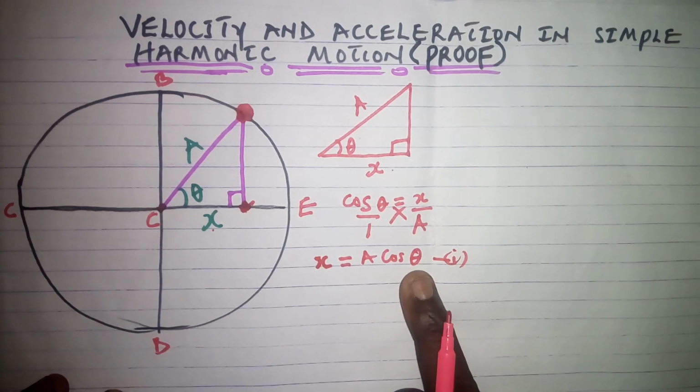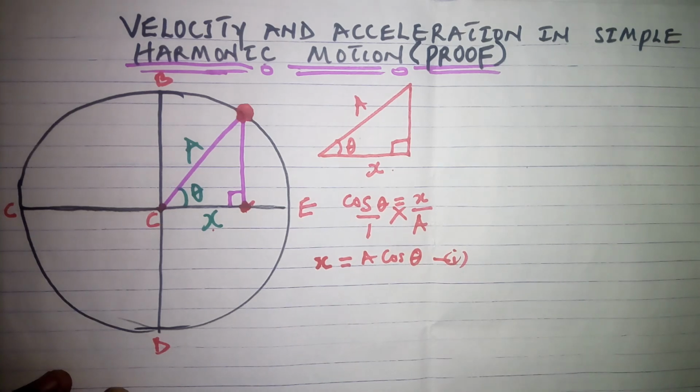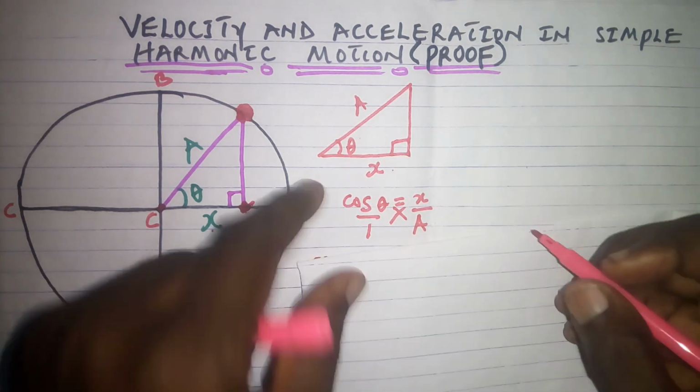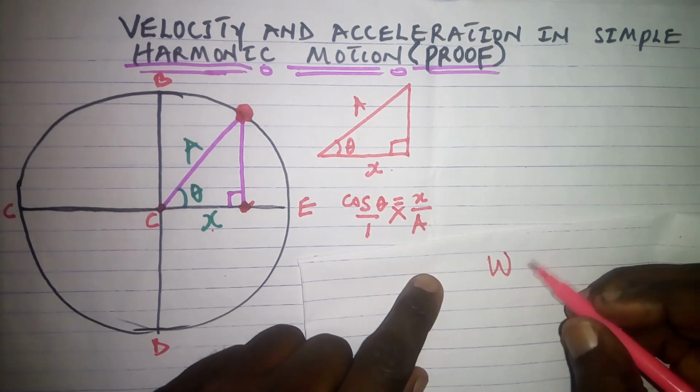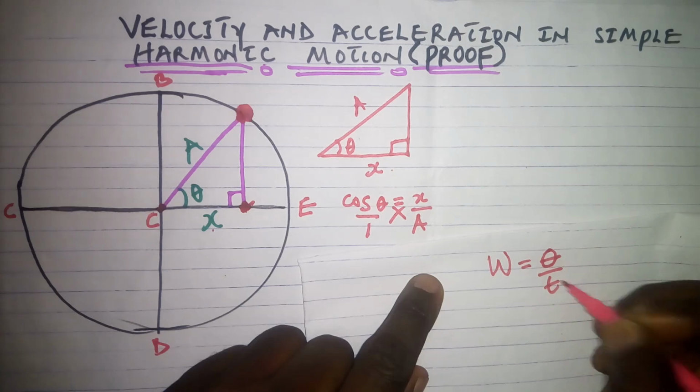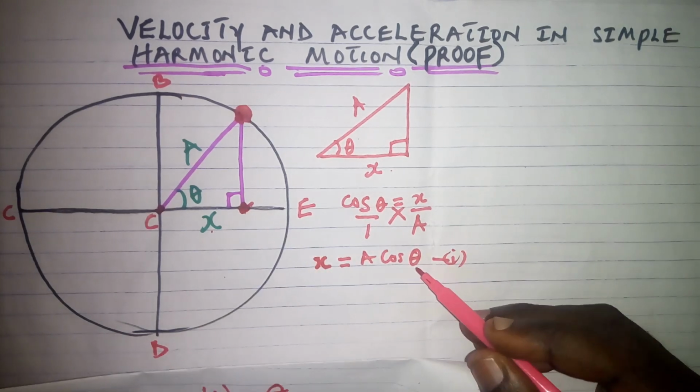But notice that I can replace theta because I know that my angular velocity, which is omega, is equal to angular distance over time, since our angle is going to be in radians.